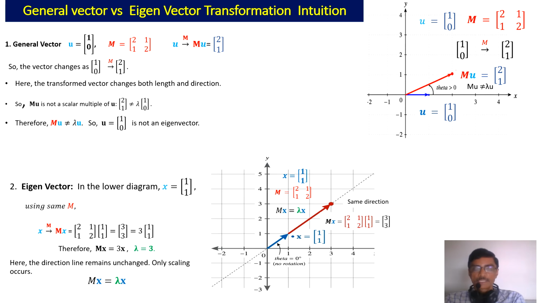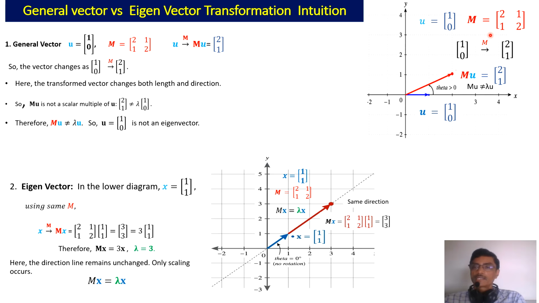This slide presents the effect of the same transformation matrix M on two different input vectors u and x. The two diagrams shown here help us understand how their transformed directions differ. The first case is the general vector u, shown in the upper diagram. Here the input vector u is (1, 0) and the transformation matrix M is [[2, 1], [1, 2]].